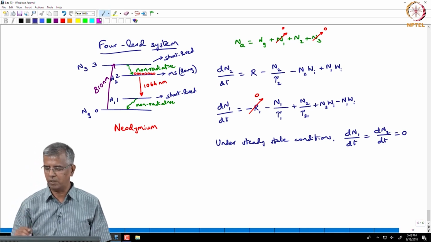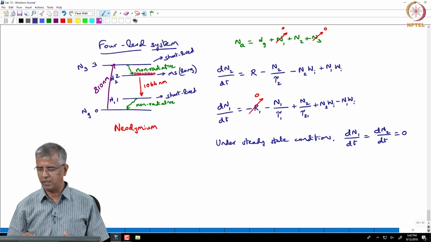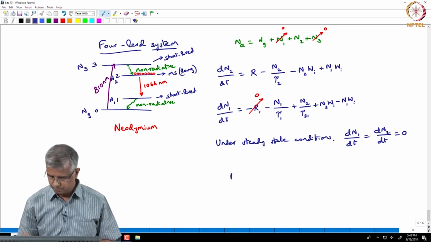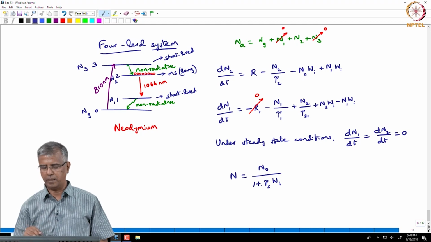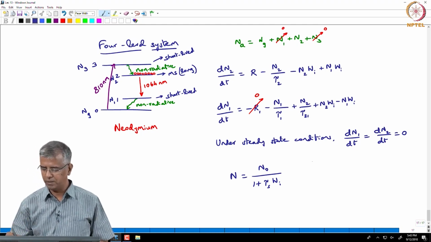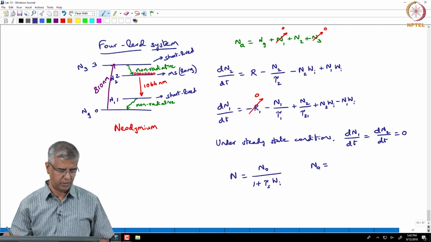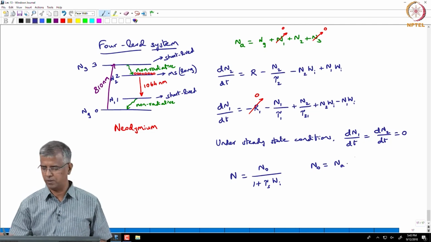then we go through the same sort of analysis that we did for the previous case, and finally we come up with the expression for the inversion, which we will find is actually of the same form as what we did for the 3 level system, except this N naught and tau s expressions are going to change because of the constraints that we have shown here for the 4 level system.